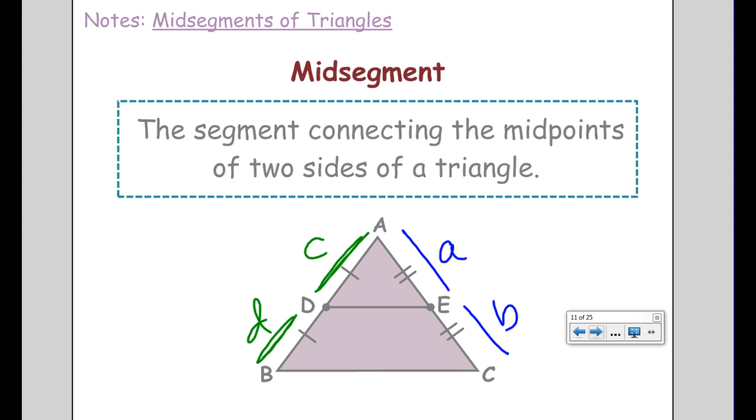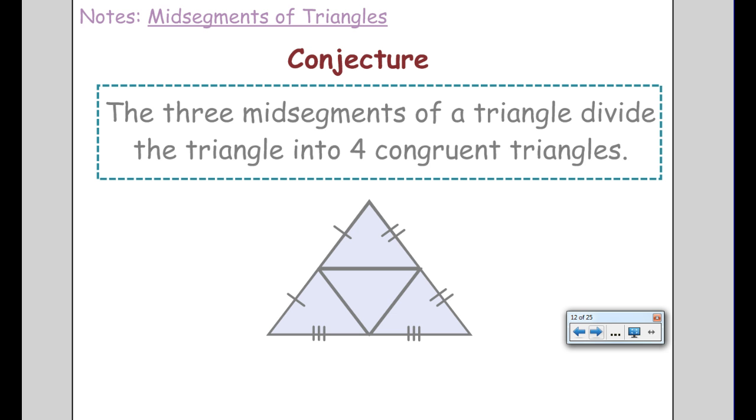If something has 1 tick mark, it's congruent to the other thing with 1 tick mark. So it's saying this is congruent to this, and then this piece is congruent to this piece, okay? So it is really saying D is a midpoint, and E is a midpoint. That's what those tick marks are showing.